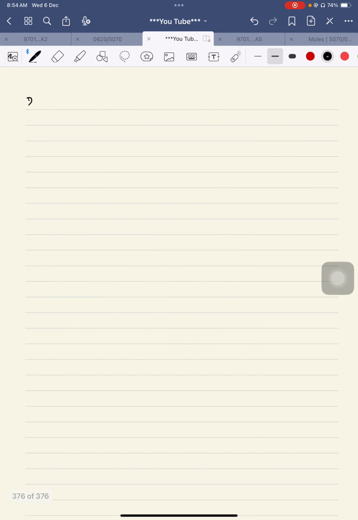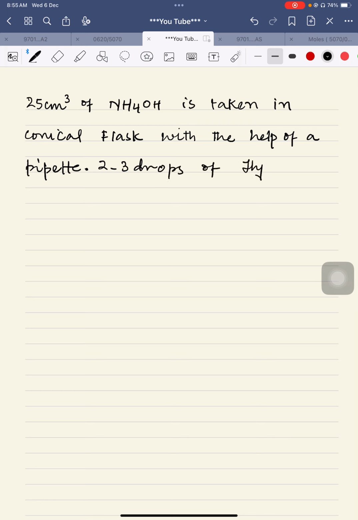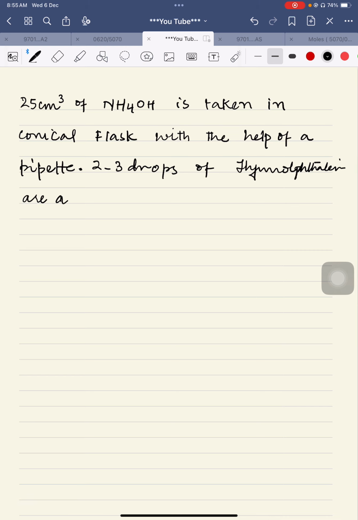So what we have to say: 25 cm3 of ammonium hydroxide is taken in a conical flask with the help of a pipette. 2-3 drops of thymolphthalein are added. Blue color is observed.